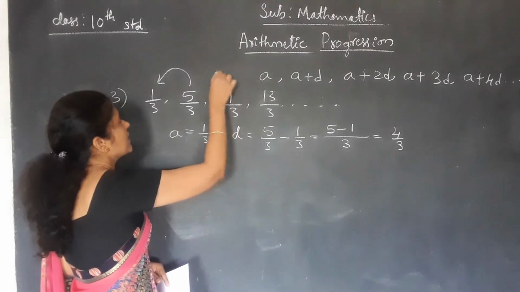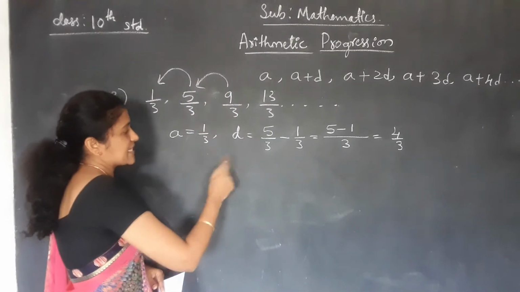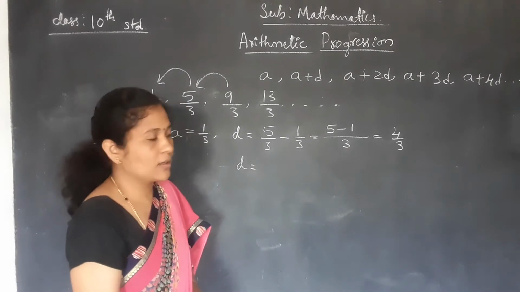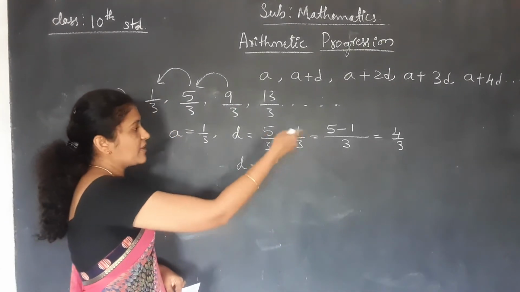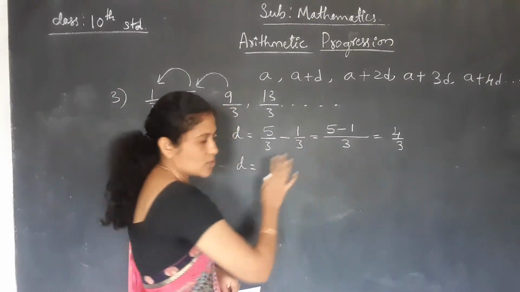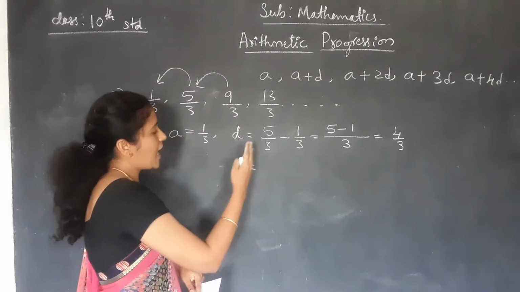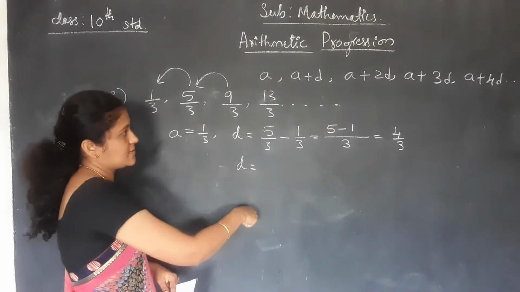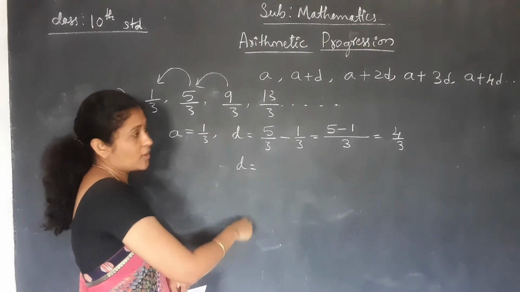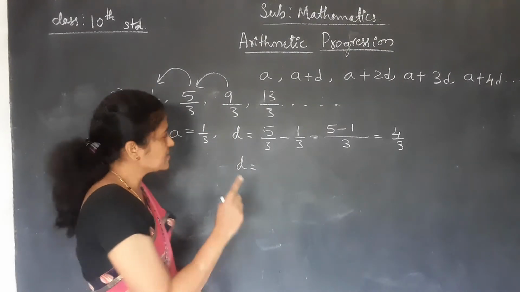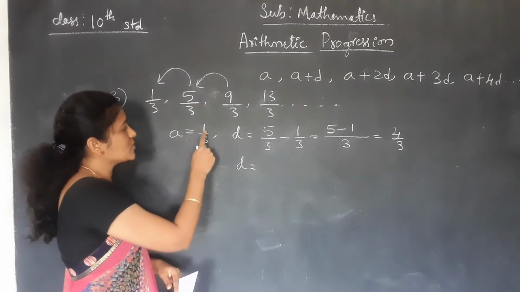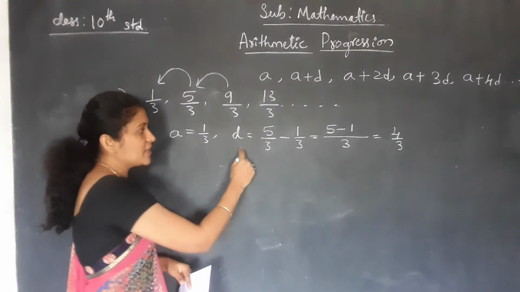Let us check with the next successive terms. One time if you do it is okay, but just to verify whether 4 by 3 is the common difference, just to make you understand, I am doing it with the other terms also. If it is asked for only 2 marks, then you just write first term A is 1 by 3, and the common difference, you solve one time.